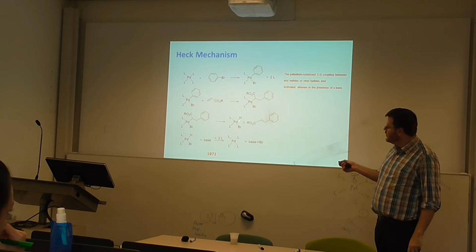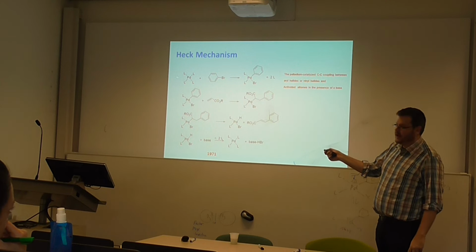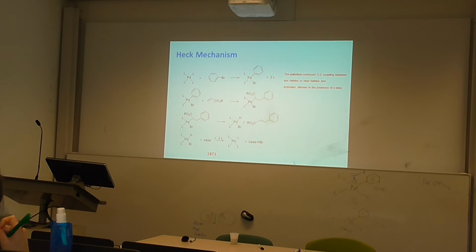This is palladium-2. It reacts with the base, the phosphines go back on, and we're back there again. So we've done a CC coupling reaction between an aryl halide and an alkene. That's Heck coupling, mediated by palladium-0, which could be generated in situ from a palladium-2 precursor and a base.